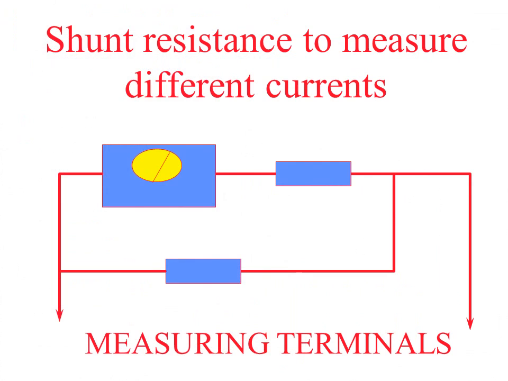We need a shunt resistance to measure different currents. If the meter uses 100 milliamperes for a full-scale reading, it actually means that the meter cannot handle more than 100 milliamperes. Therefore, we have to supply a shunt resistor to bypass the meter, which is indicated by Rs.